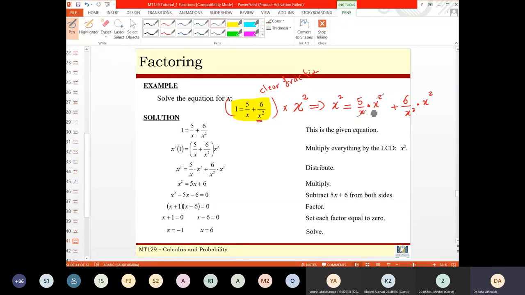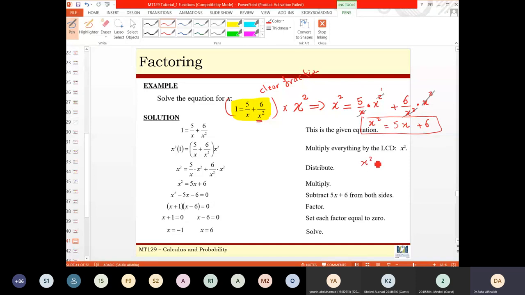One of the x's cancels one of the x's, and the x squared cancels the x squared. So we end up with x squared equal to 5, we remain with 1x, don't forget that, we remain with 5x plus 6. We clear the fraction. The fraction is clear now.